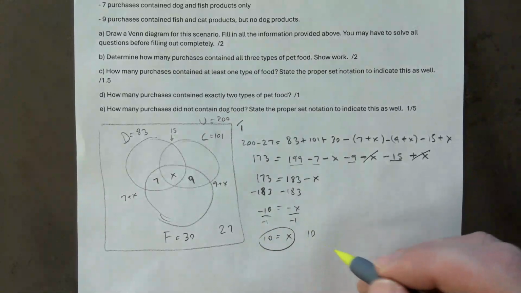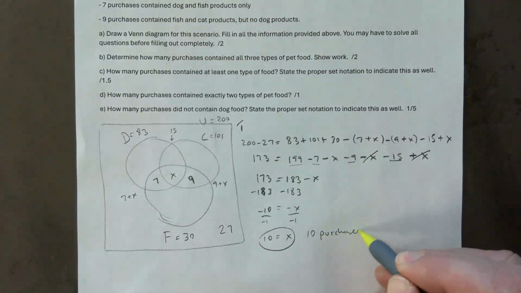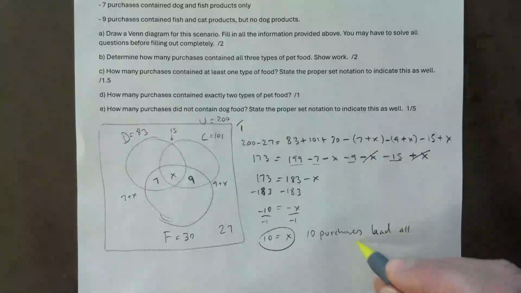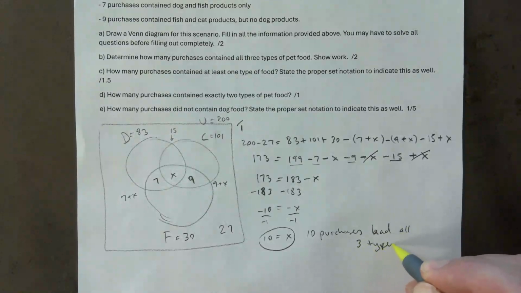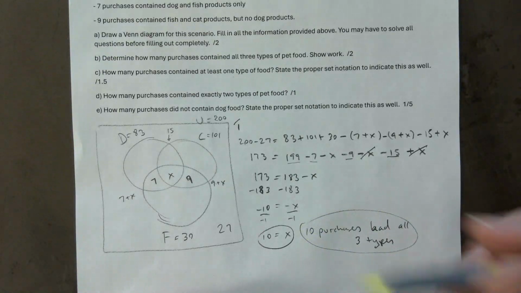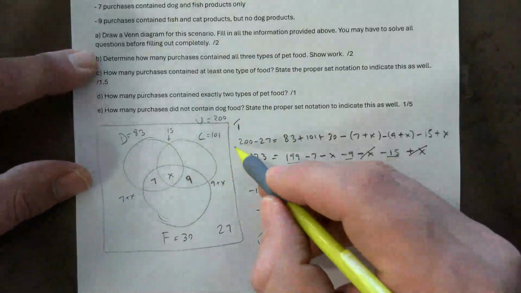So 10 purchases had all 3 products, right? Had all 3 types. If you just say 10 purchases, I would be fine with that. Okay, so this answers B.